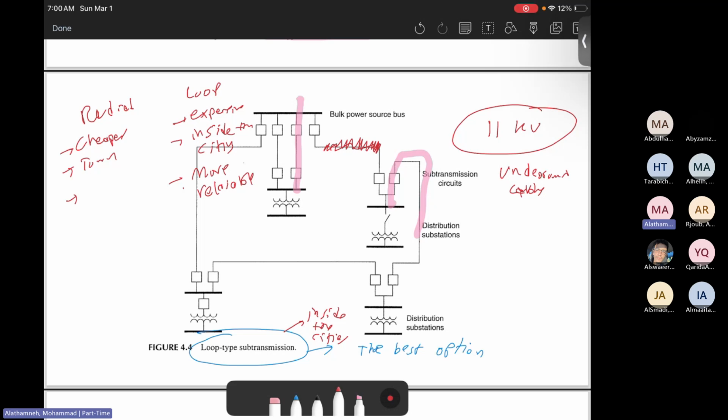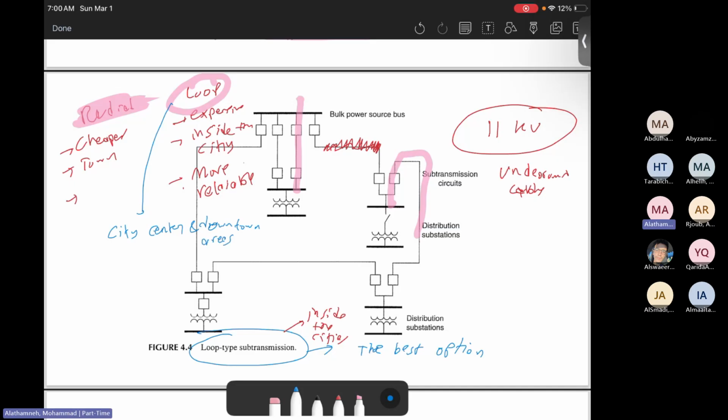But I would say many systems in Jordan are based on radial. Many systems. While loops, again, you will find them inside the cities or close to the city centers and downtown areas.